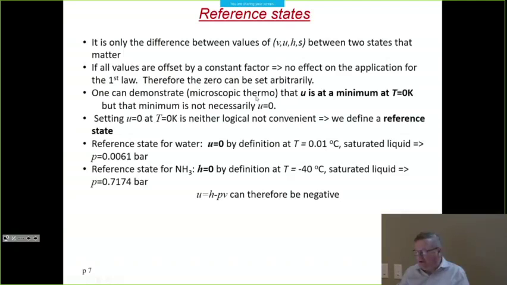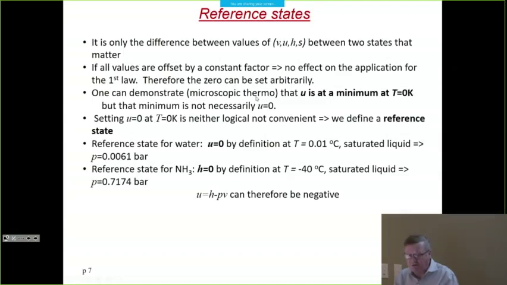Now, another thing in the tables is that there are reference states. When we go through a process between the state initial and the state final, we always calculate the differences between these state variables. So specific volume, internal energy, enthalpy, and entropy are state variables. So you just don't need to know how the process goes from initial to final.